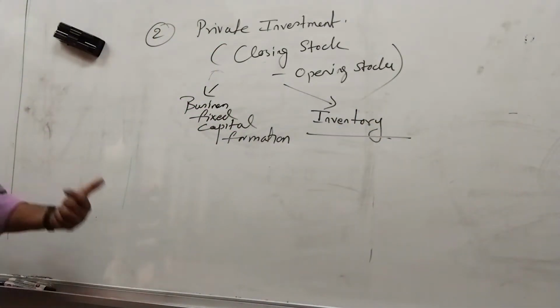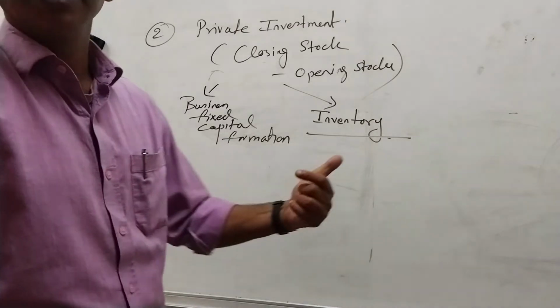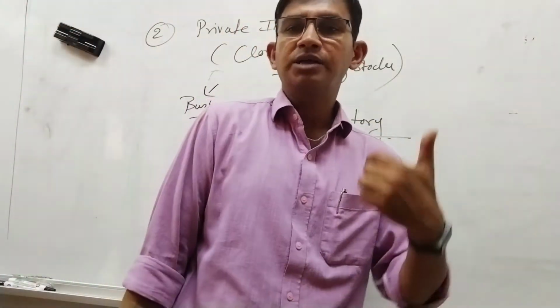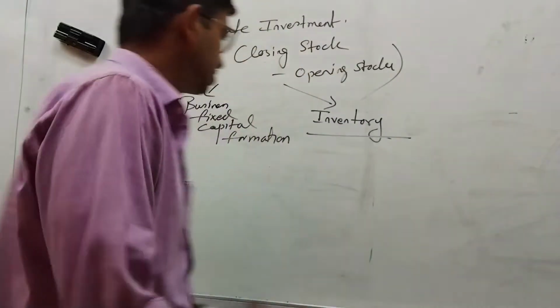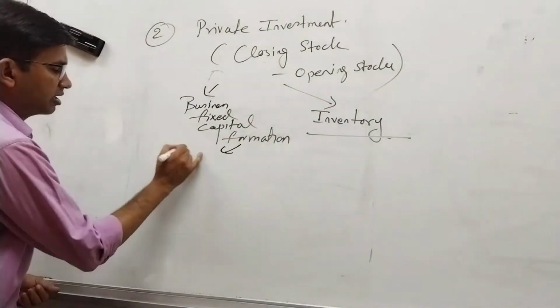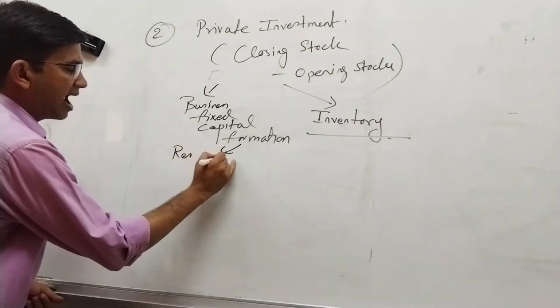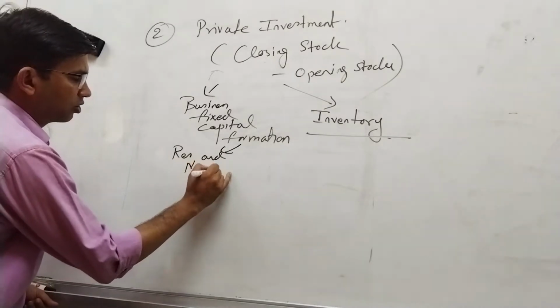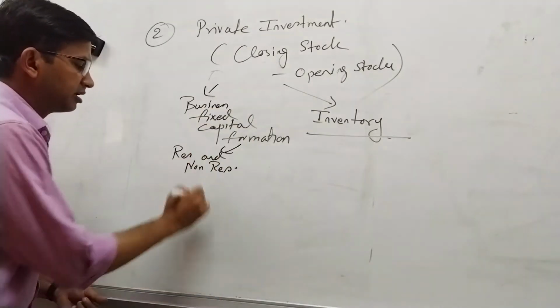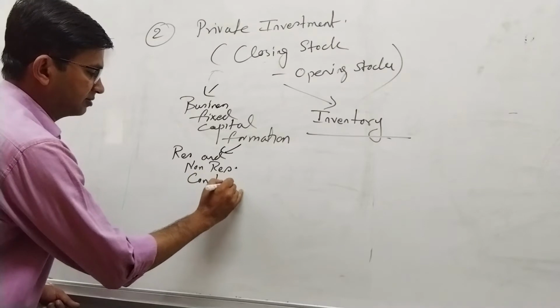Business fixed capital formation also has two components. The first is residential and non-residential constructions.